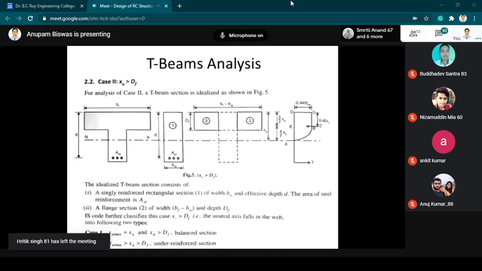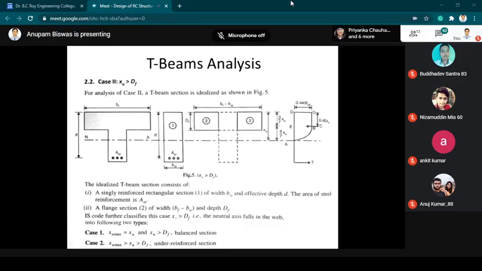Here, for the singly reinforced section, the width of section 1 is considered as bw, that is the width of the web, and depth is considered as the effective depth of the beam, small d, and the area of steel is kept similar, that is Ast.